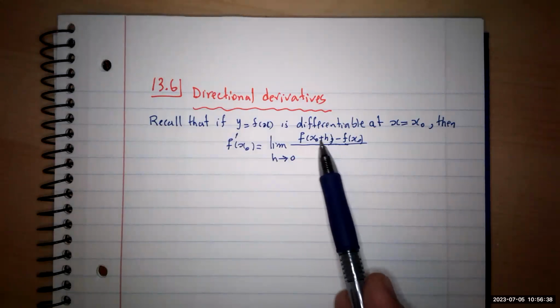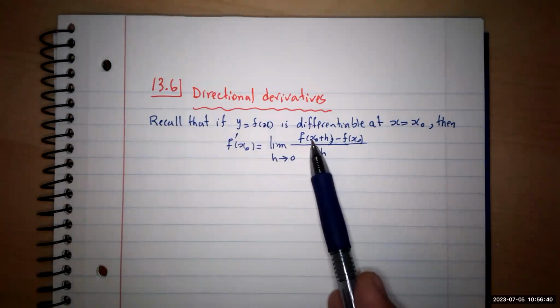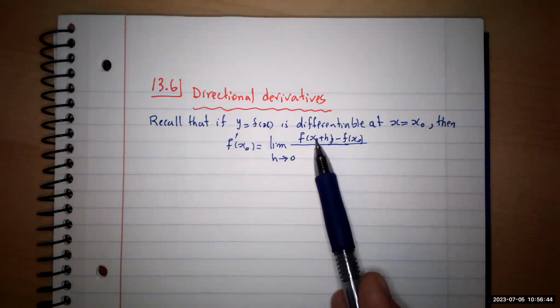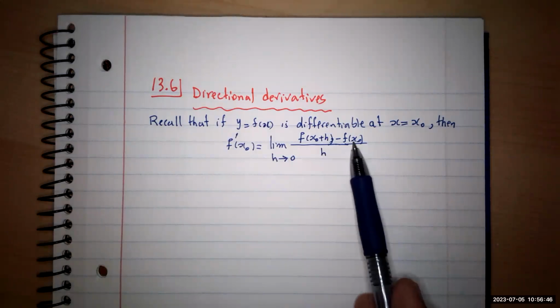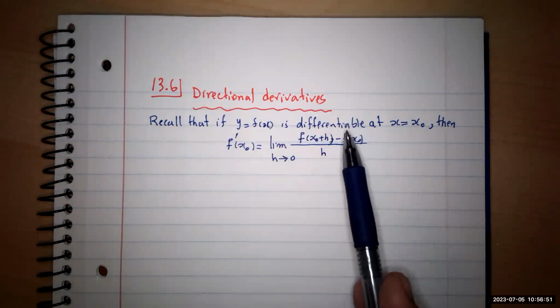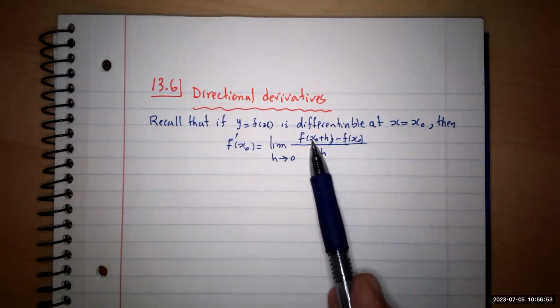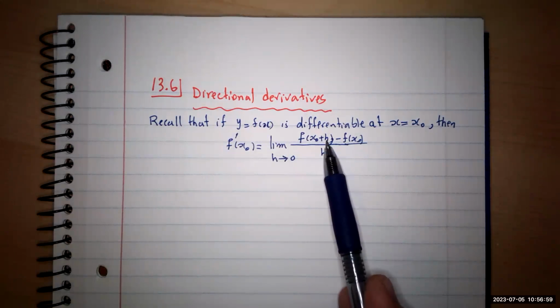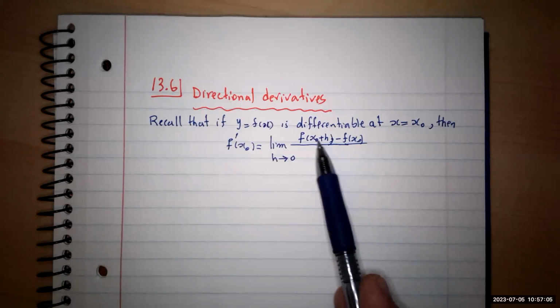Since the function is a function of one variable, domains are numbers. So x0 plus h is a number, it makes sense. And this makes sense. But if you want to change this to the function of two variables, for example, this is going to be a point, a vector, if you like. Then this h is a number. Then we'd be in trouble, because we cannot add a scalar and a vector together.